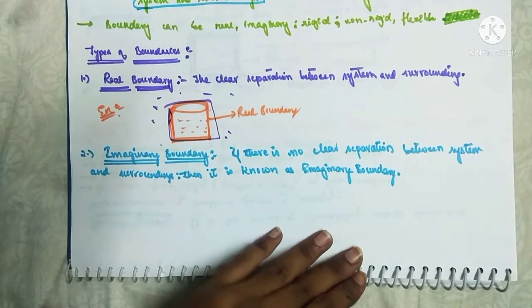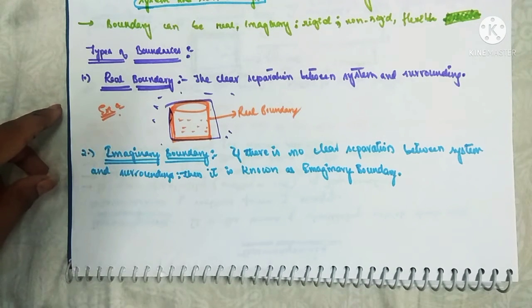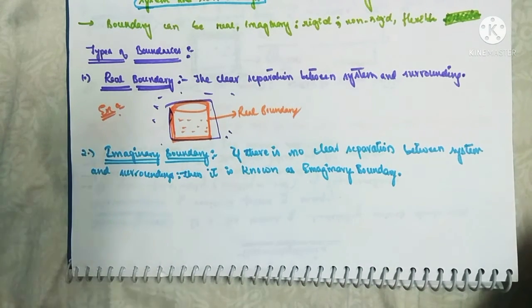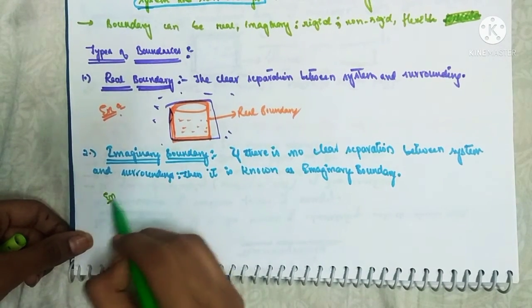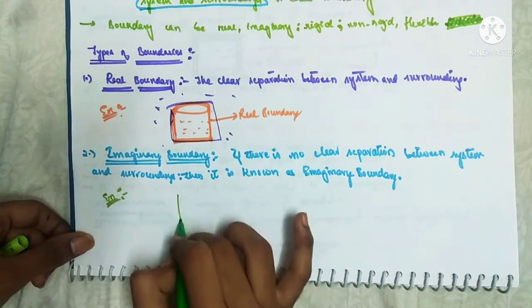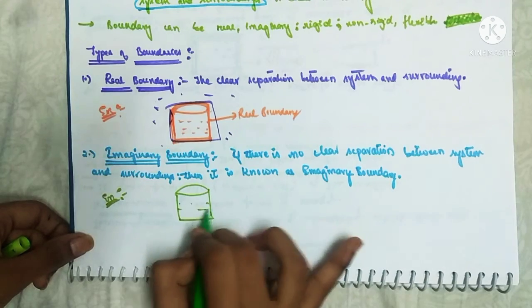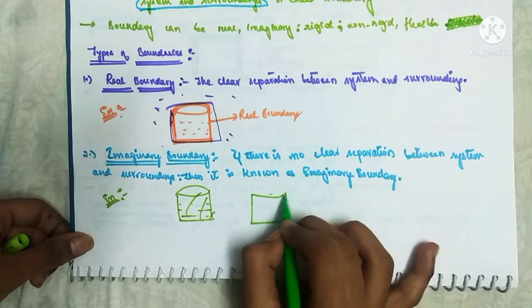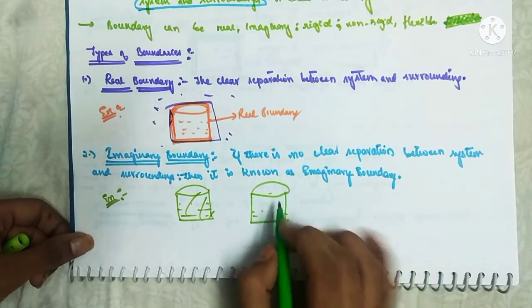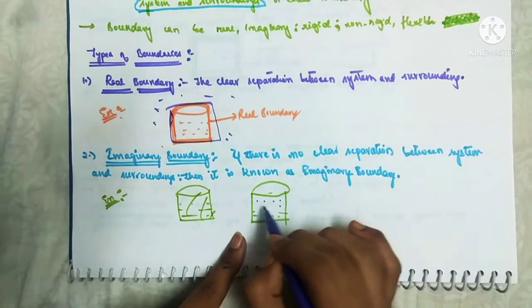And next one is the imaginary boundary. If there is no clear separation between system and surroundings, then it's known as imaginary boundary. If we take one example, here is one beaker containing water, and here are the gas particles.